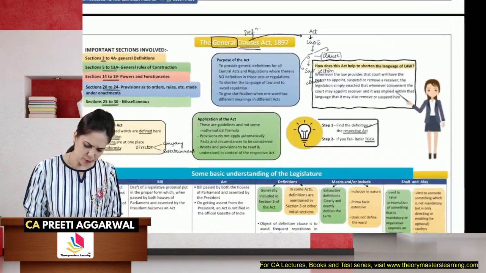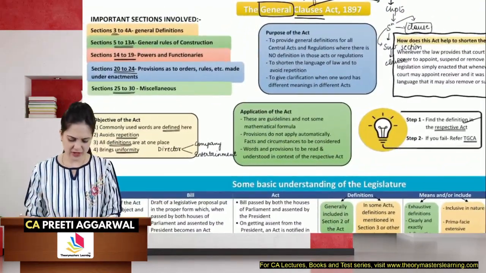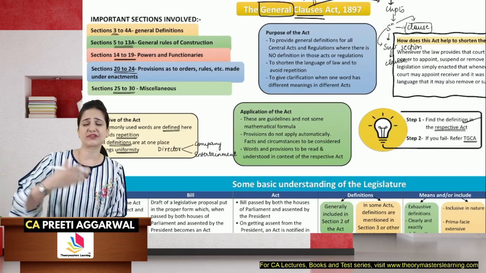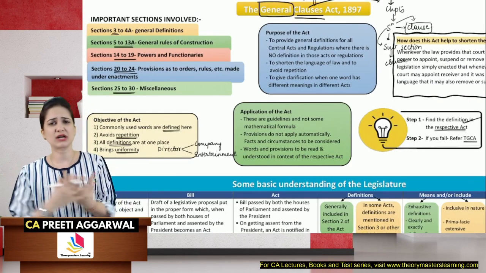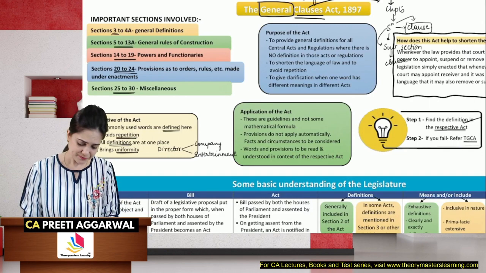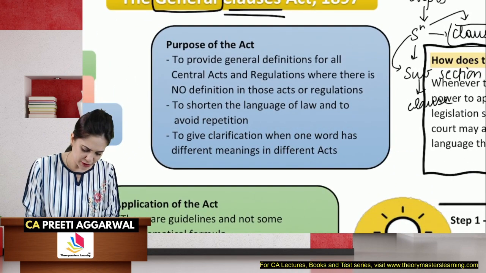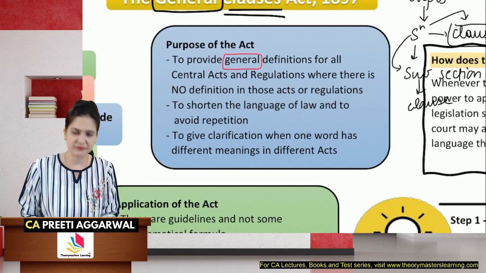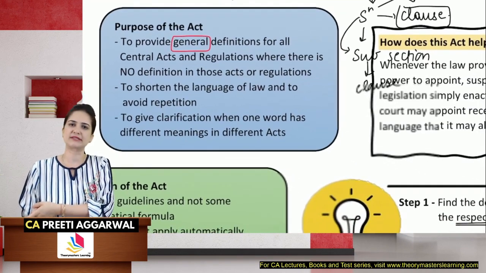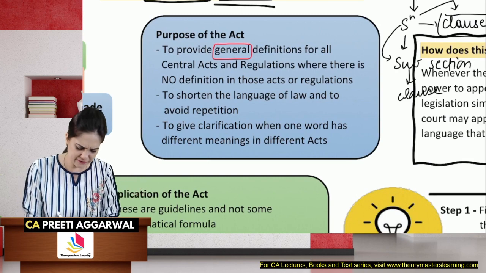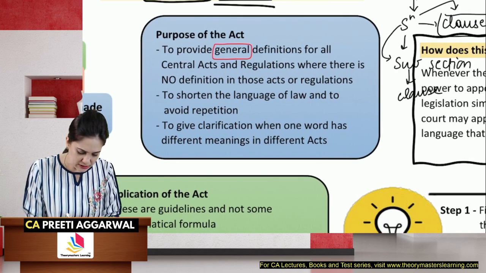These questions, students, like what is the purpose of the act, what is the objective, can be asked as a 2 mark question, or if it is asked in a combination, then as a 4 mark question. What is the purpose? To provide the general definition. See what word is used over here, to provide the general definition, because the specific definitions will be given in the act itself. So this tries to give general definitions for all the central acts.